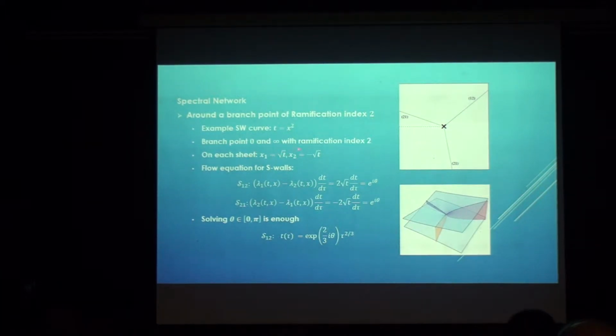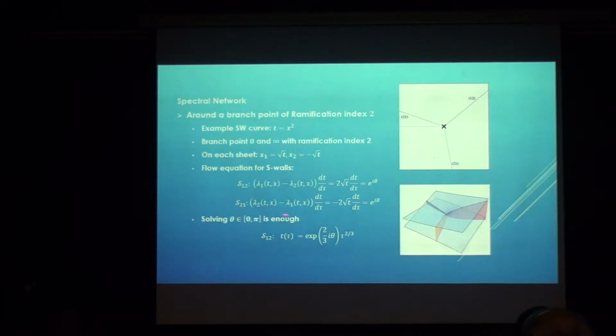On each sheet, the Seiberg-Witten differential is square root t or minus square root t, and given theta, we have a flow equation for S-walls. In this case S12 and S21 are almost the same, except for a minus sign, so once we get the solution for S12, we automatically know the solution for S21.